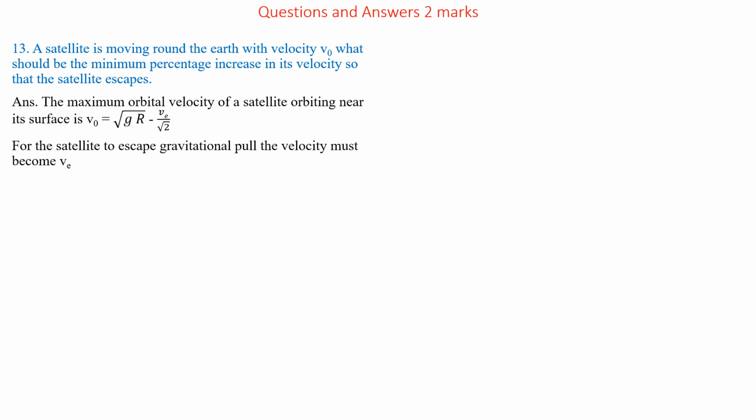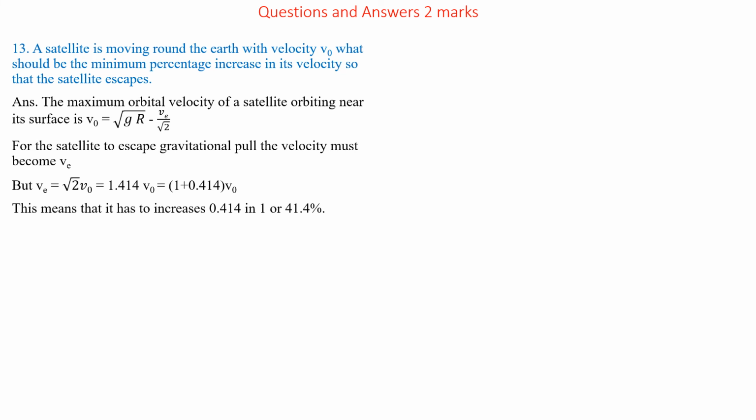For such a satellite to escape the gravitational pull, the velocity must become ve. Therefore, ve is equal to square root of 2 into v0. Square root of 2 is 1.414 into v0. That is 1 plus 0.414 into v0.